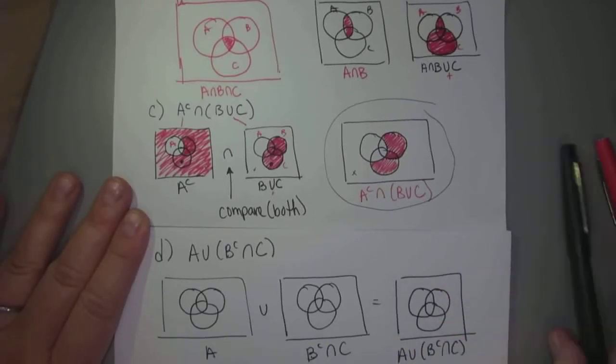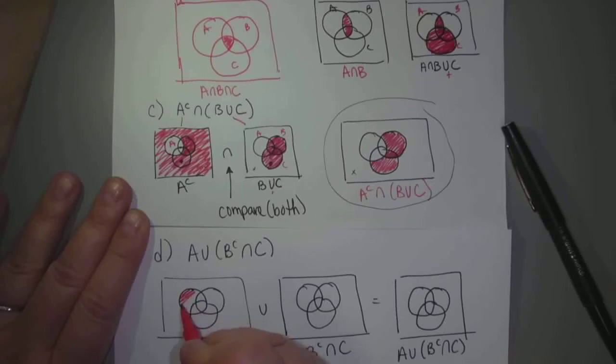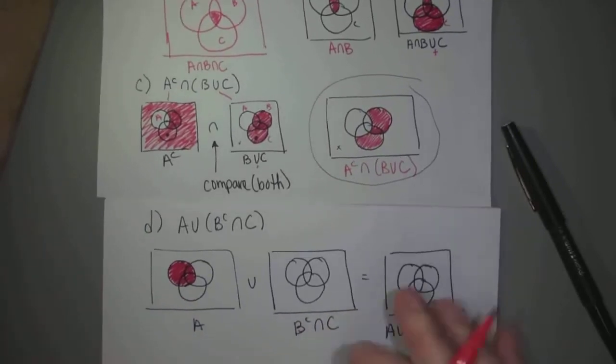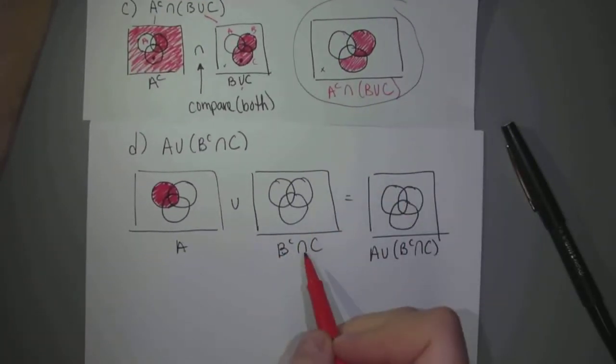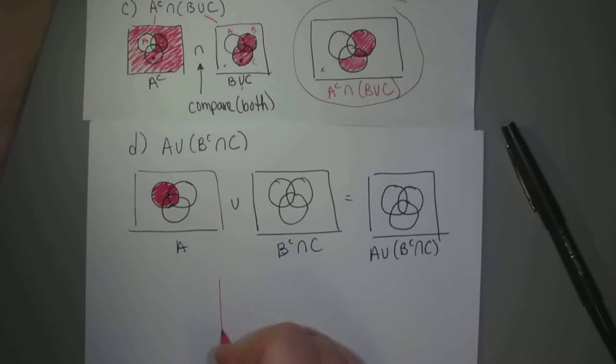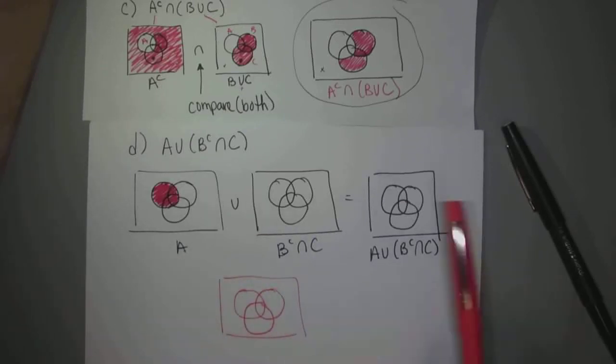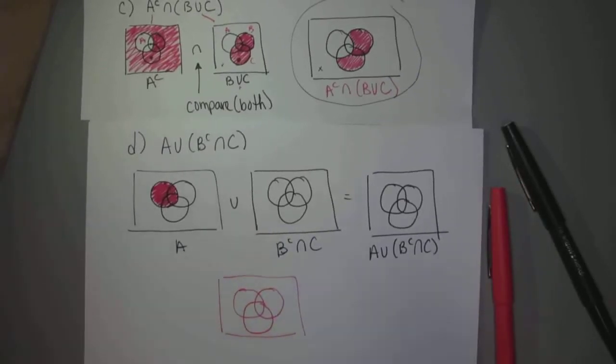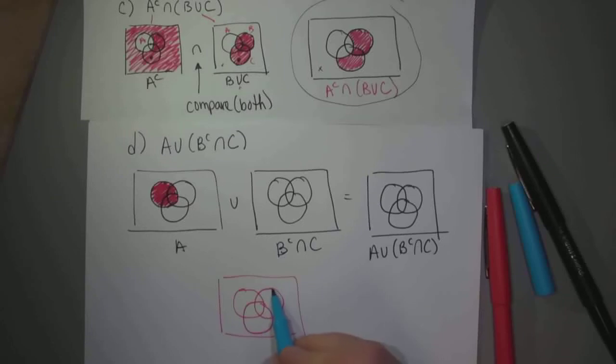Okay. A is easy. Color in all of A. Now this one you might need to think about. So B complement, let's draw it here. B complement is everything outside of B. So here's B, and we would want everything outside of B colored.